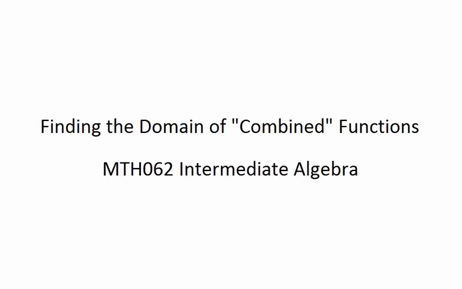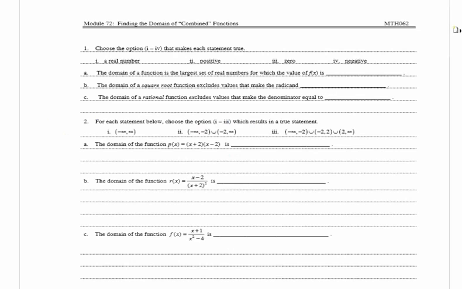In this video, we're going to be finding the domain of combined functions. In 1, it says choose the option 1 through 4 that makes each statement true. In A, we have the domain of a function is the largest set of real numbers for which the value of f of x is a real number, so number 1.